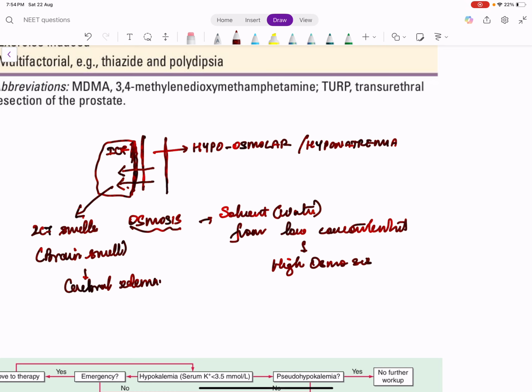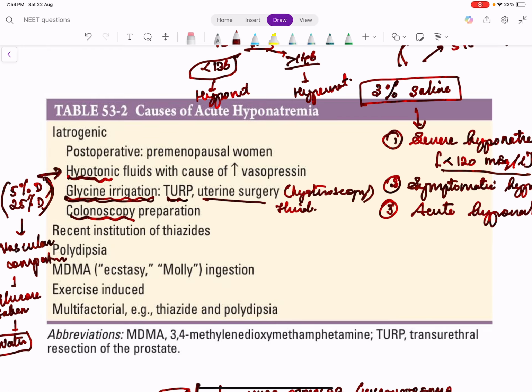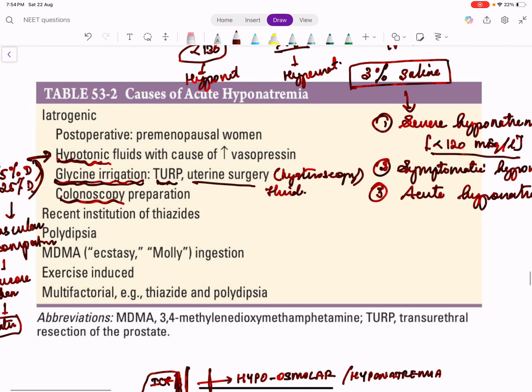Same thing when we are giving 5% dextrose or a hypotonic fluid, there will be loss of fluid from the intravascular volume to the cell, which is not needed. So suppose if the patient is in shock, we must not give hypotonic fluids. Giving hypotonic fluid will lead to hyponatremia, and glycine irrigation is also a hypotonic fluid.